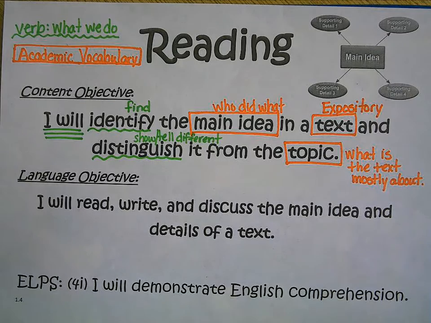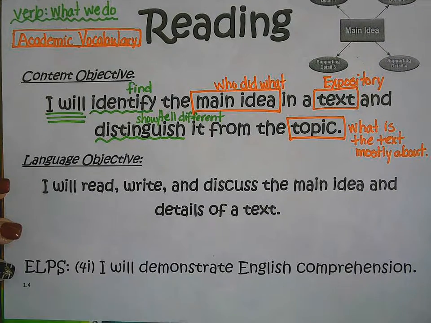An expository text is where they give information about a real person and a real topic. So in this week's story, we are working with actual real information, a real person, and a real topic.